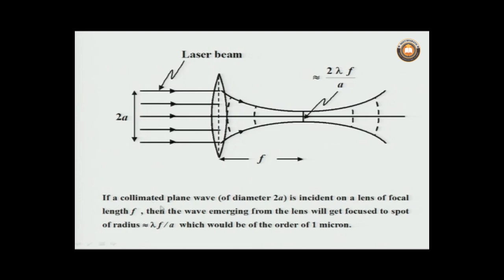Thus, if a collimated plane wave of diameter 2a, of the type that is incident from a laser, is incident on a lens of focal length f, then the wave emerging from the lens will get focused to a spot of radius about λf/a, which would be of the order of 1 micron. 1 micron is 1 micrometer, that is 1 millionth of a meter.